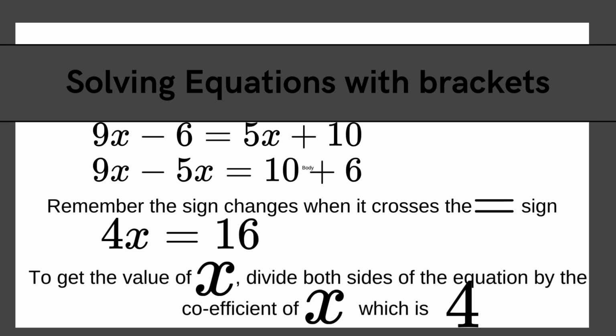Then we have 10, which is on the right hand side of the equation, and the minus 6 goes to the right hand side of the equation, and it becomes plus 6. So 9x minus 5x is equal to 4x, and 10 plus 6 is equal to 16. So we've been able to simplify this equation to get 4x is equal to 16. And to get the value of x, we simply divide the 4x by 4 and then the 16 by 4. So our x will be equal to 4.